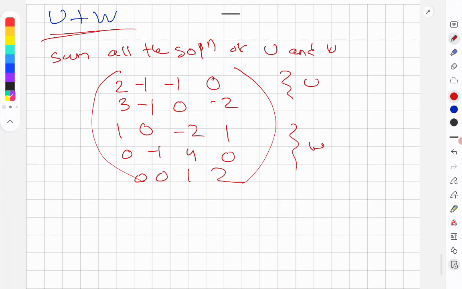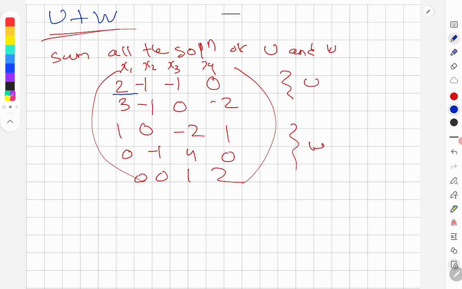Now you see, you have x1, x2, x3, x4, and you have 5 rows. Obviously that's not possible, something might be a linear combination of the others.